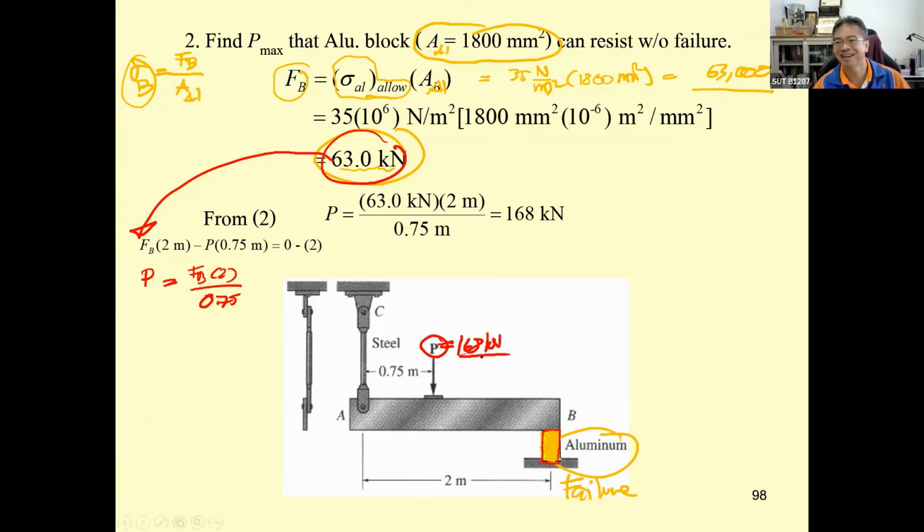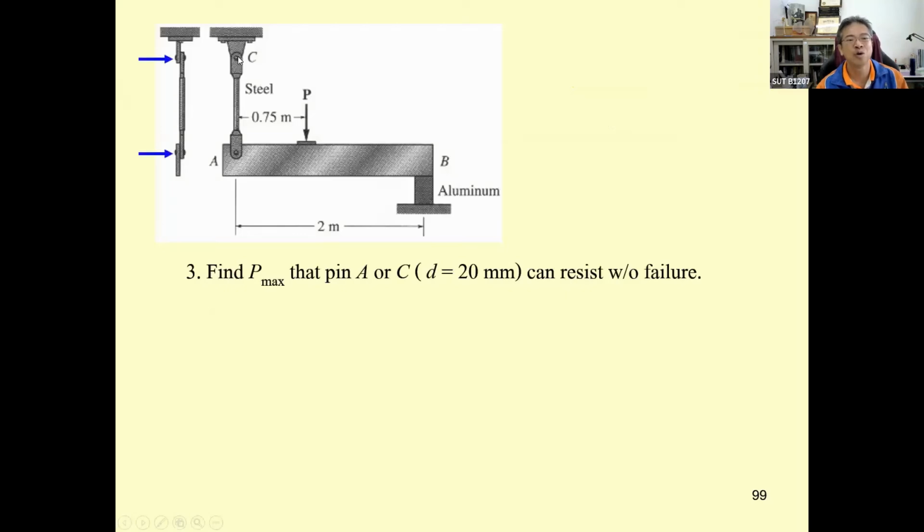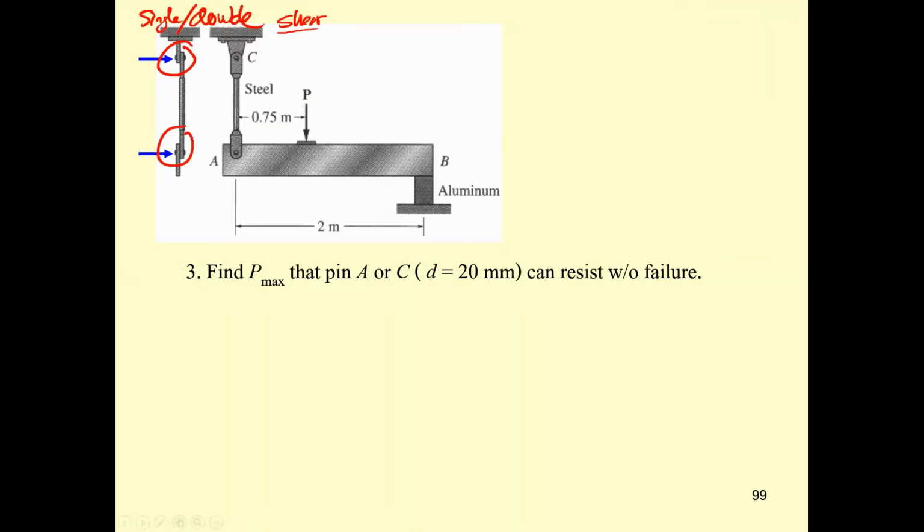It's not finished yet. There is the pin that connects the rod to the connection and the beam. And by taking a look at this, is this going to be single or double shear? Actually, in this picture, it is single shear.